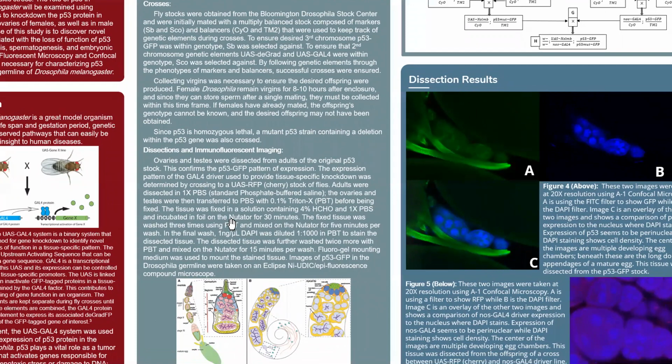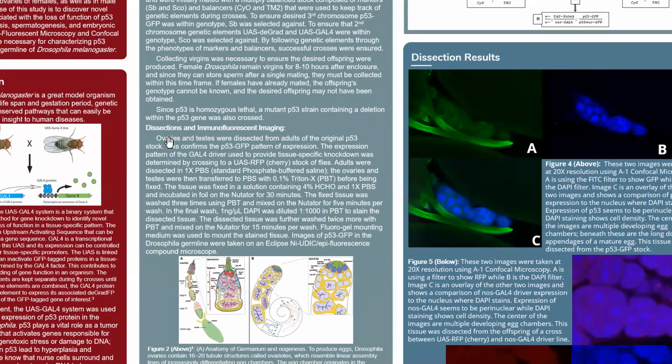And then we also dissected ovaries and testes from the adult flies of the original p53 stock, as well as a UAS RFP cross. So this UAS RFP confirms the expression of the Gal4 driver in our specific tissue. And the adults were dissected in PBS, and they were fixed in a 4% formaldehyde and PBS solution, and they were also stained with DAPI.